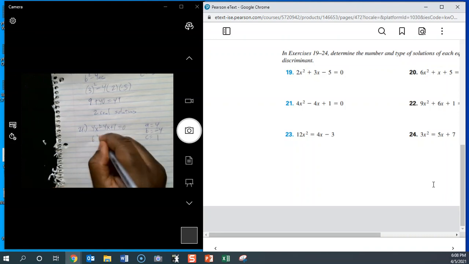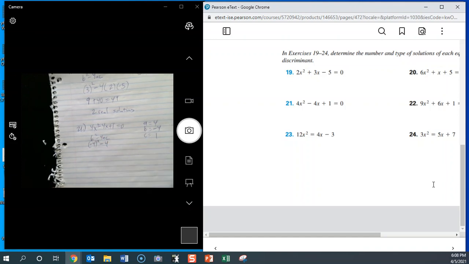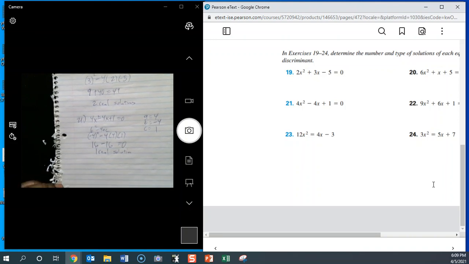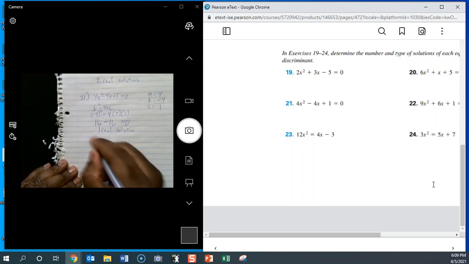So we have B squared minus 4AC. The B is negative 4, A is 4, and C is 1. So this would be 16 minus 16. So this equals 0. So it's only one real solution. And you can look back at the definition on page 447.